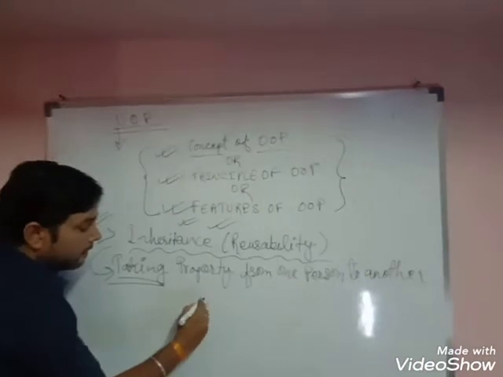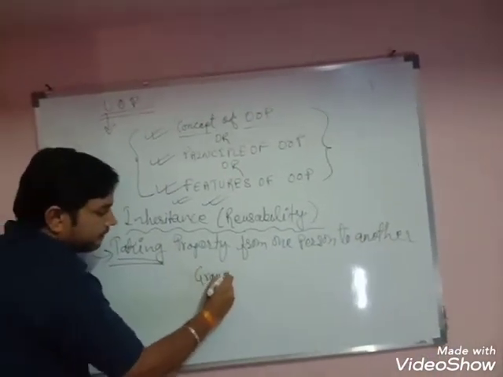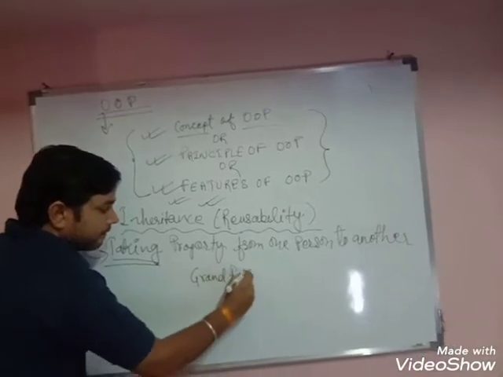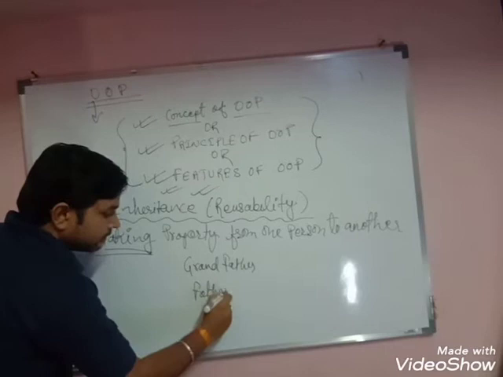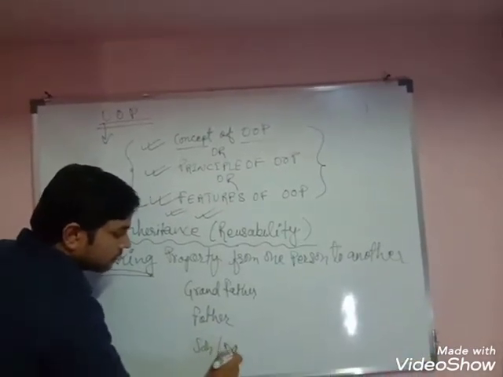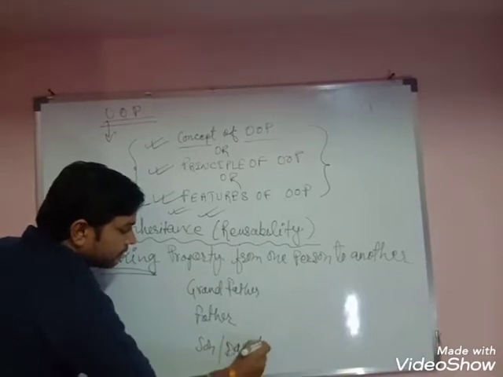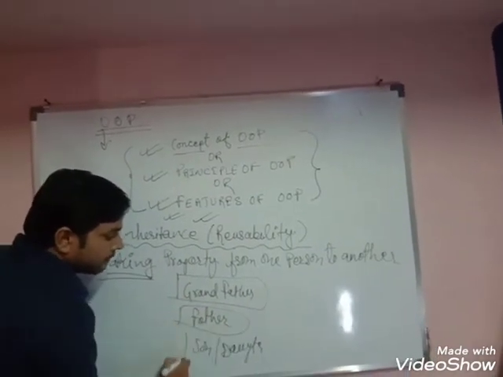For example, your grandfather, then your father, then son or daughter. This is the gene system in your biology, you know.